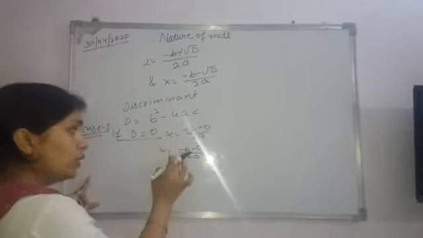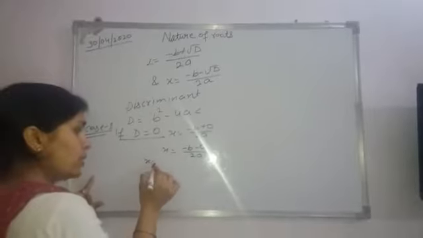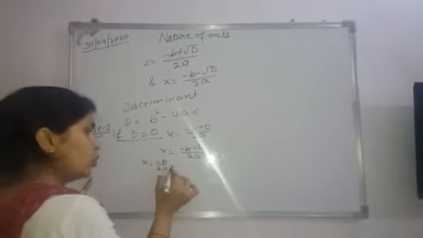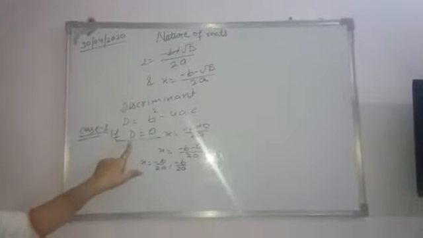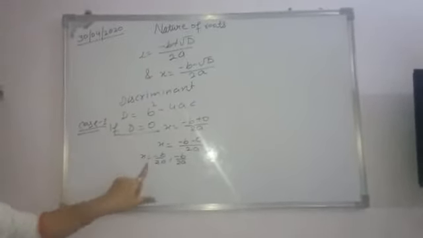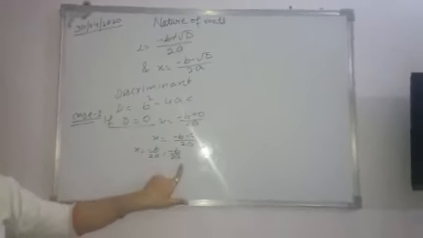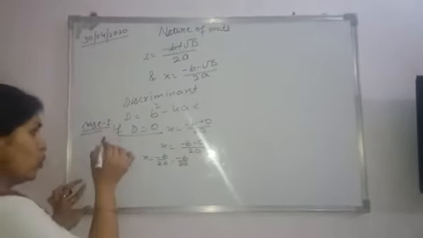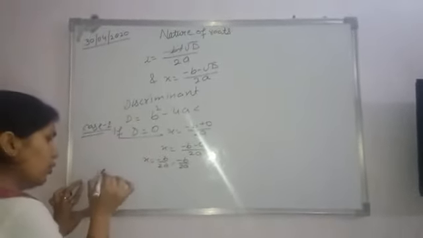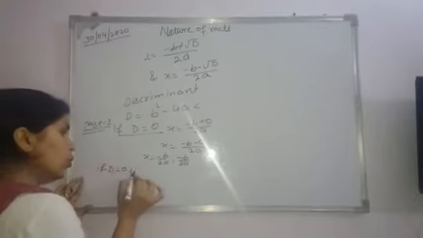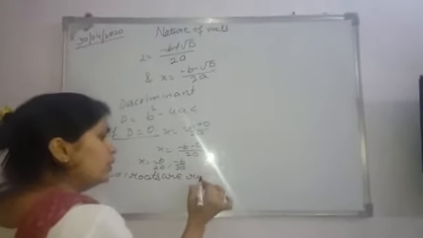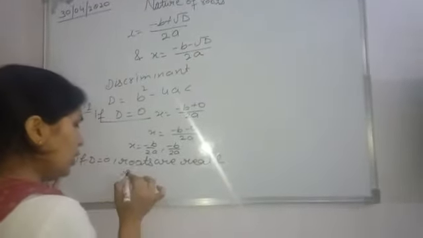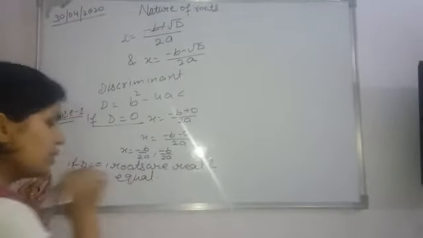So from both conditions we can say that both roots are the same. So what condition do we obtain? If D is equal to 0, then roots are real and equal. So this is our first case.